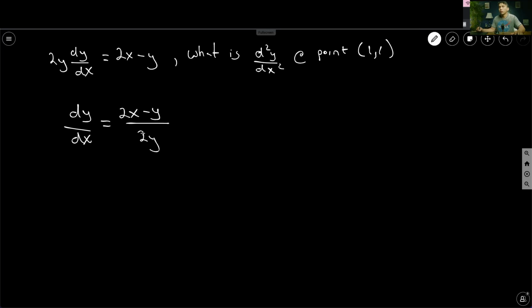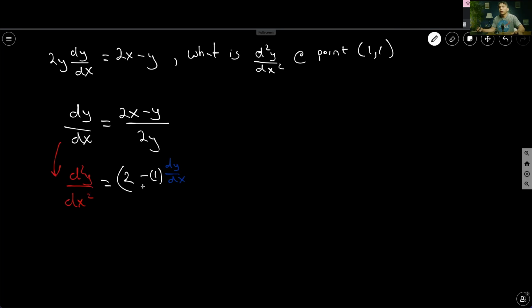So the derivative of this, of course, is just the quotient rule. But with the exception of that, whenever we take the derivative of y, we have to write dy/dx. So now, taking the derivative of this becomes d²y/dx² is equal to, so the quotient rule, we take the derivative of the top. So it's just going to be the derivative of 2x is just 2 minus the derivative of y is just 1. But don't forget, we have to do 1 times dy/dx.